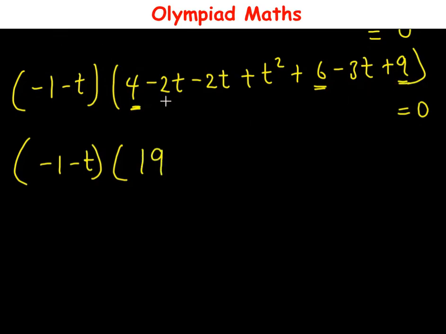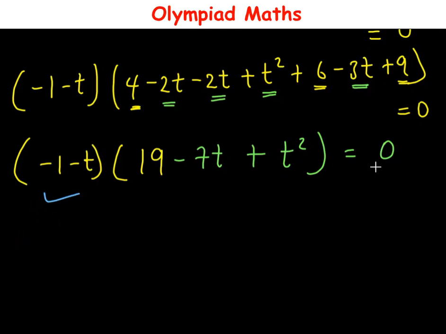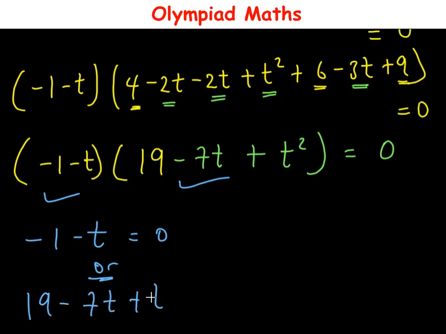Then minus 2t minus 2t is minus 4t, then minus 3t is minus 7t, and we are left with plus t². So (−1 − t)(19 − 7t + t²) = 0. You can equate this to 0 or also equate this to 0. So −1 − t = 0, or 19 − 7t + t² = 0.